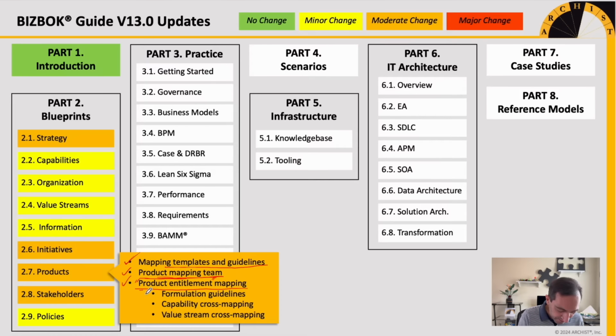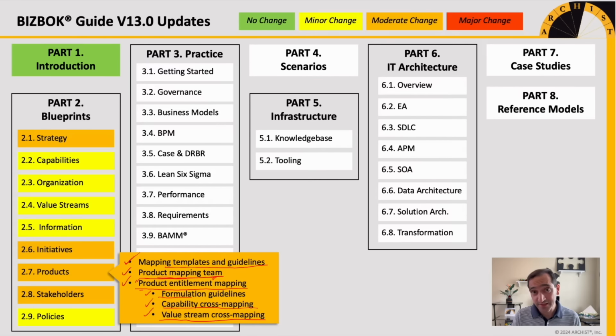So there are a set of guidelines around the formulation of product entitlements from the lens of the recipient of those entitlements, and also guidelines around how we can cross-map business capabilities to a set of product entitlements, which then rolls up to the mapping of capabilities to the product that goes with those set of entitlements, and also a set of guidelines around the cross mapping to the value streams, because again we deliver the product entitlements through different value streams.